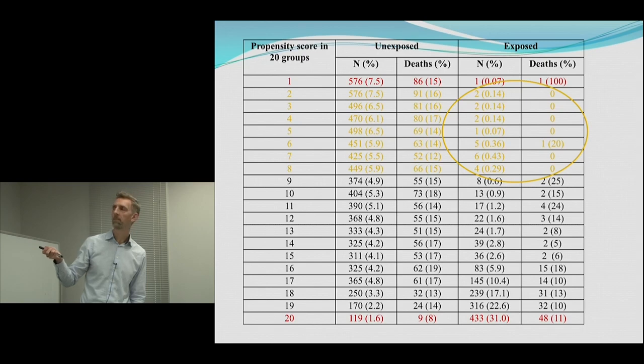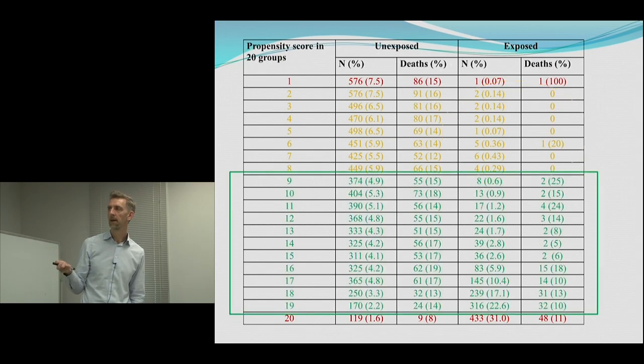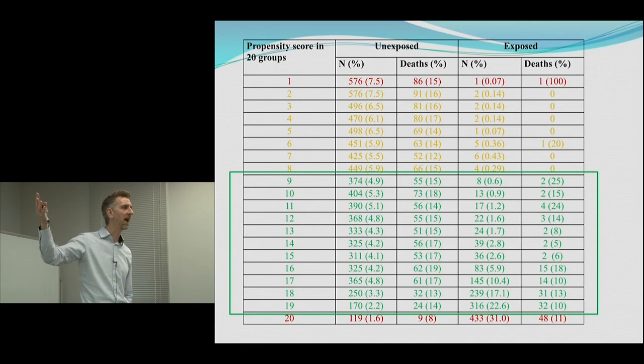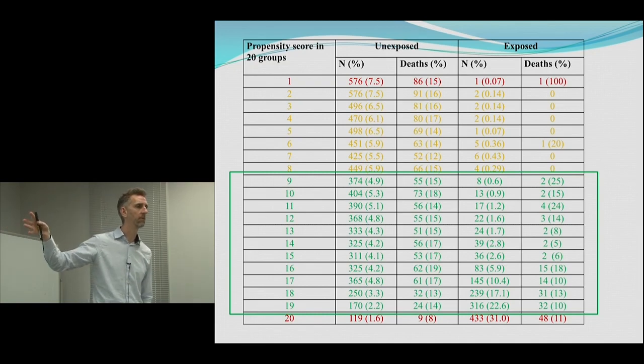This doesn't seem to be a very useful comparison. It meant that our primary analysis population was then just the propensity score groups from 9 to 19. If you imagine you were doing a regular cohort study and a multivariable analysis, this is quite different to what you would have as your primary analysis population in the final analysis.